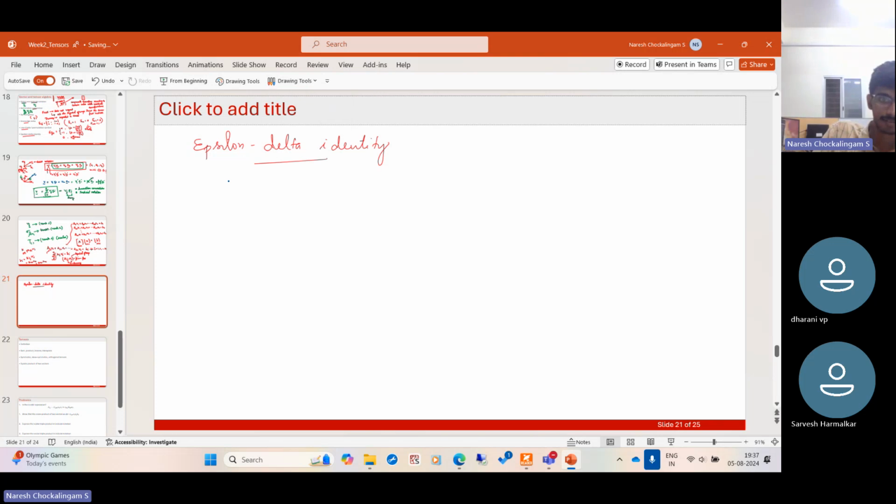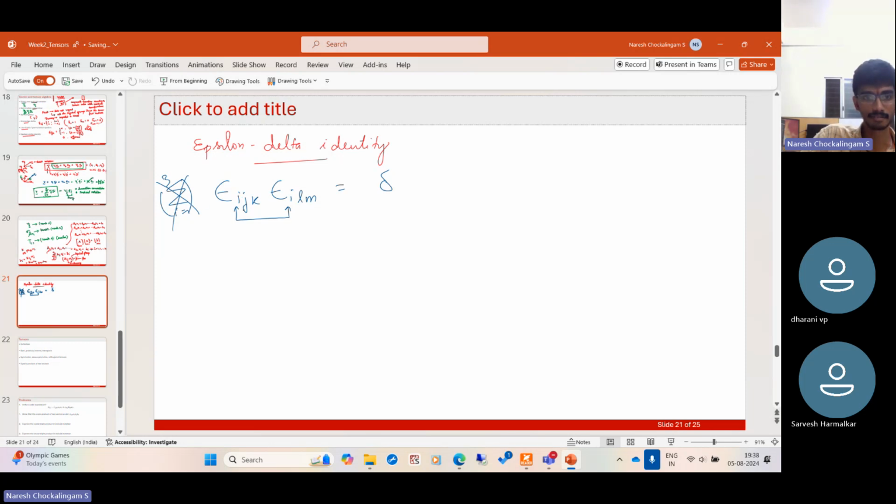It says epsilon ijk epsilon ilm is equal to, let's make a guess. Should the right hand side depend on i? No, the right hand side should not depend on i, because i is a repeated index, which means you are summing over i from 1 to 3. Therefore, the right hand side can depend only on j, k, l, and m. When you sum over it, the index just vanishes.